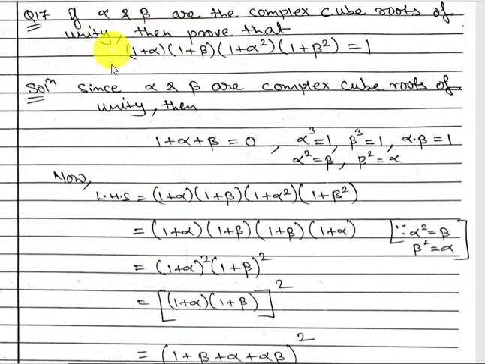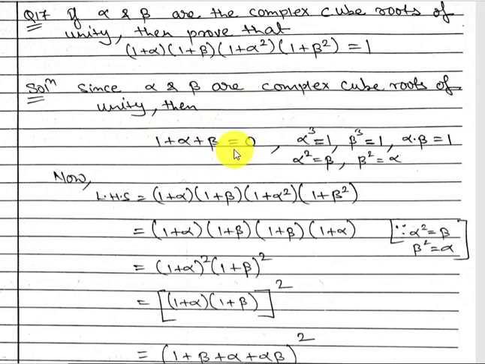We have to prove that the left hand side is equal to the right hand side. Since alpha and beta are complex cube roots of unity, 1 plus alpha plus beta will be equal to 0. Why?